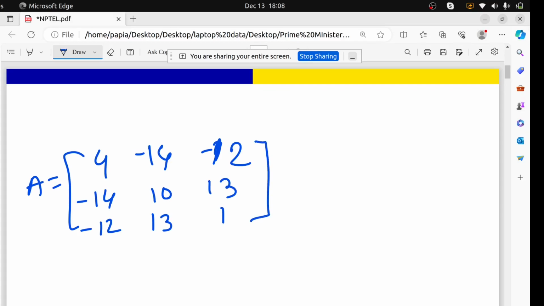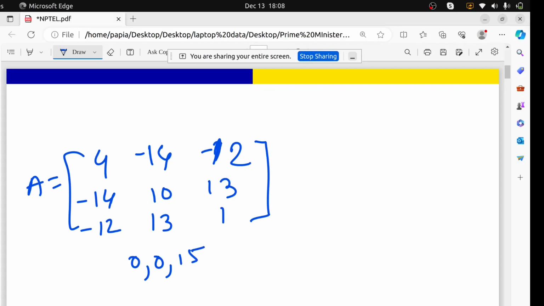For this, the eigenvalues will be minus 6.89, minus 9.64 and 31.54. It should not be that one. It should be 0, 0 and 15, isn't it?